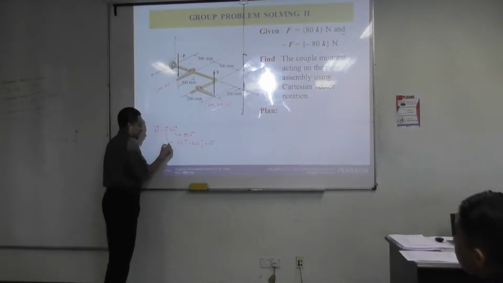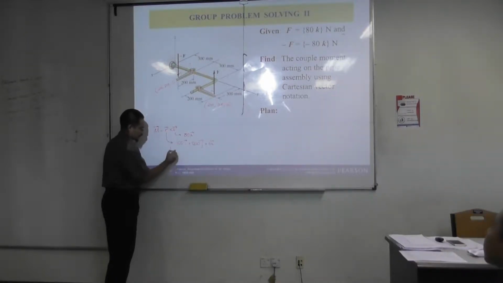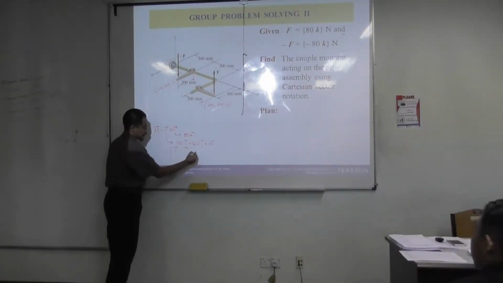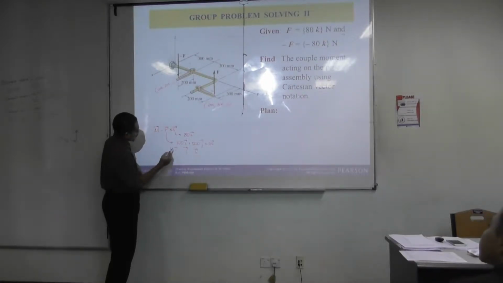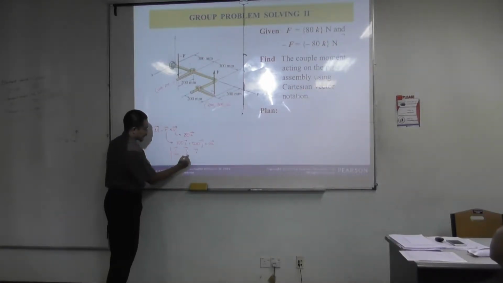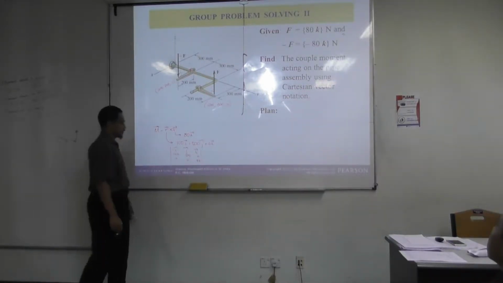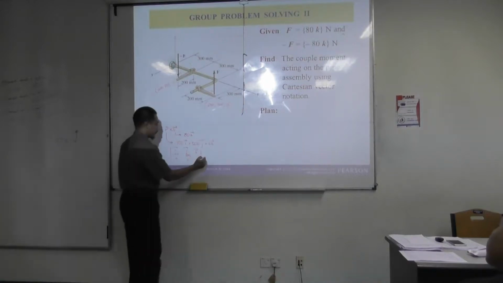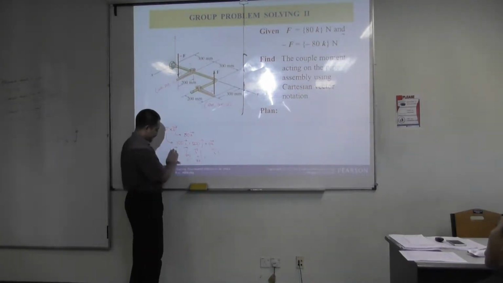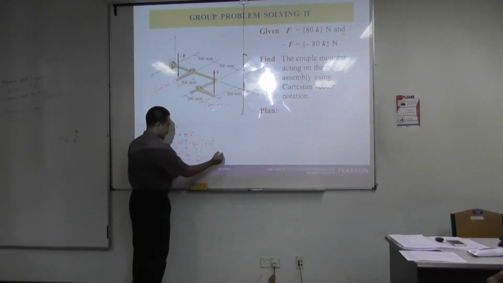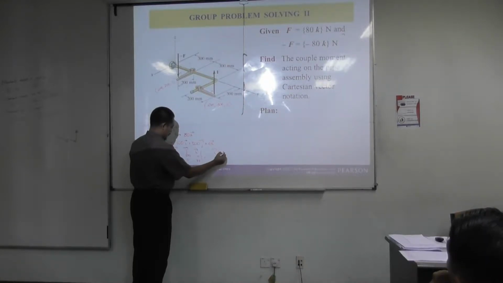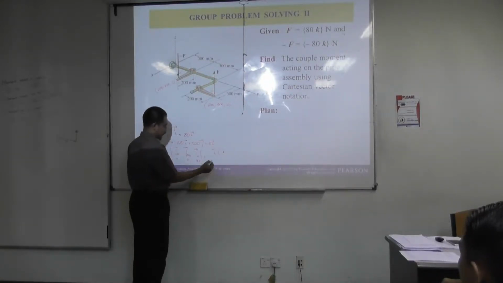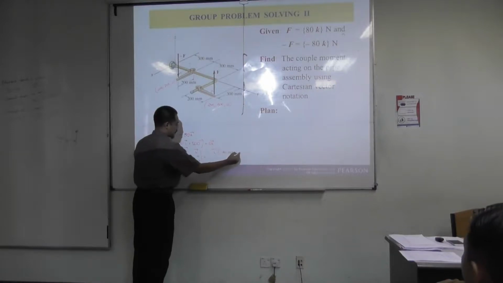So if you have this, then just plug in the matrix with i, j, k, then this one 100, 500, 0, and then 0, 0, 80. This should be very straightforward. So for i, it will be 40,000 minus 0, is it?